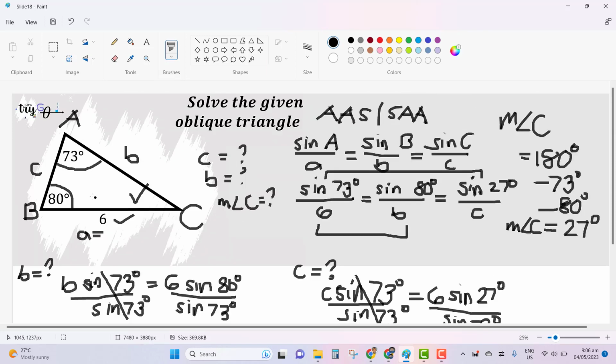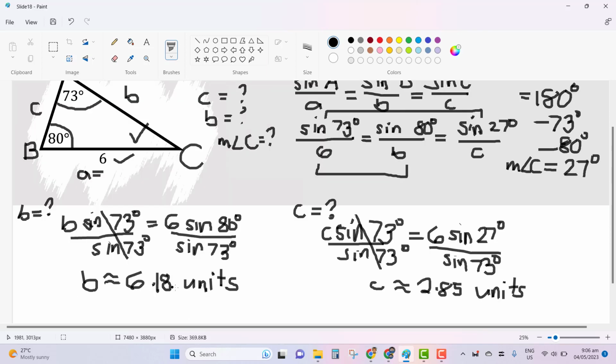Looking back at our given, 73, 80 degrees, and you have 27 degrees here, it's the angle B which is the largest angle. So it would mean that side B is your longest side. Looking at the values, A is 6, B is 6.18, and C is 2.85. So a very small difference, but it's still the correct one. B is the longest side.